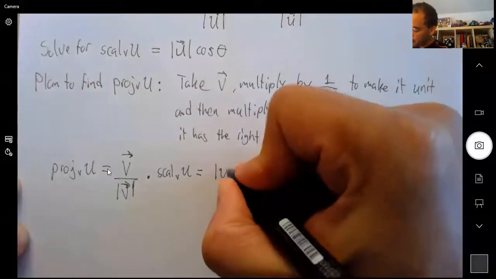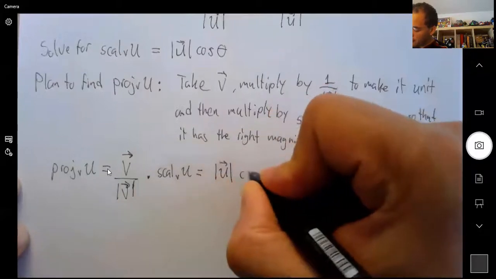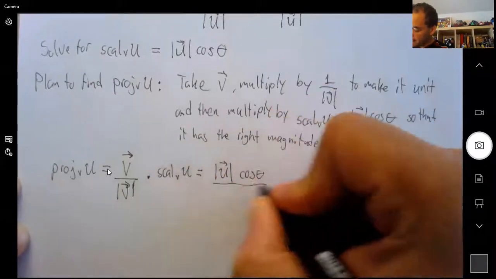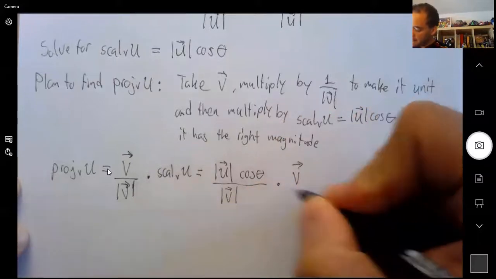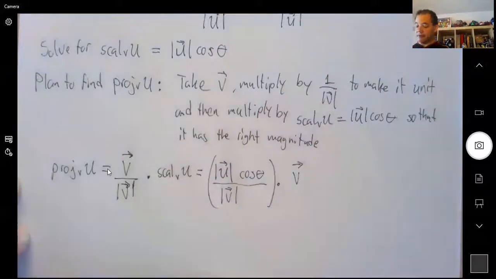Let's put it all together: magnitude of u cosine theta divided by magnitude of v, times v. Write it like this. Okay. So that's it. We figured it out. That is the projection vector.